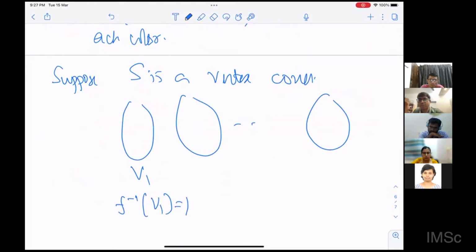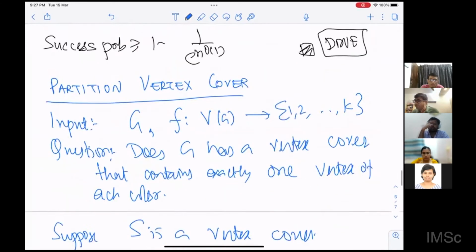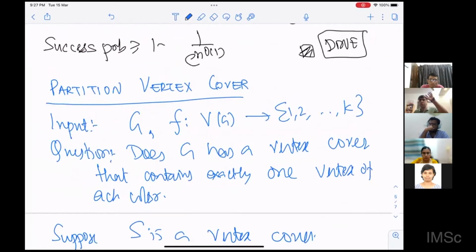All those vertices which have been assigned 1. What is V2? All those vertices which have been assigned 2. Basically, think that this function partitions my vertex set into 1, 2, 3, k, right?